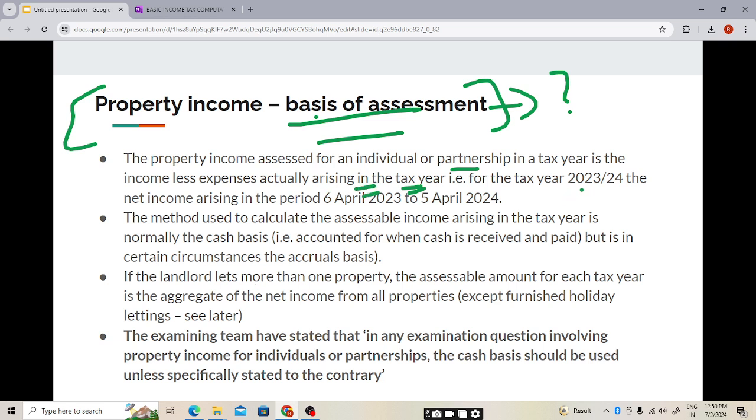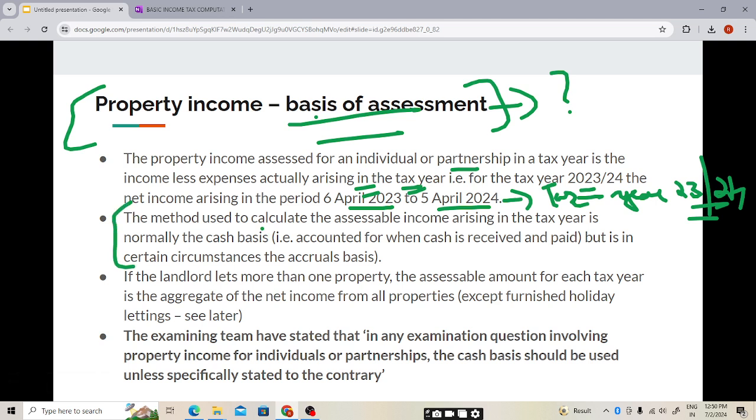For the tax year 23-24, the net income arising in the period 6th April 2023 to 5th April 2024, as this is your tax year of 23-24. So property income less expenses which relate to that tax year, and by calculating this you will get your property income.